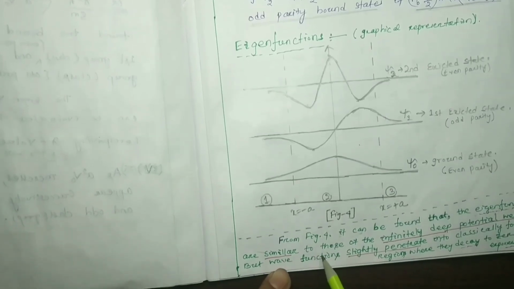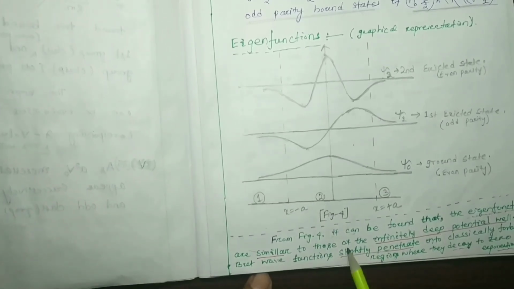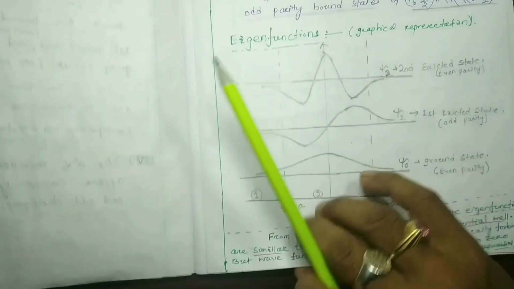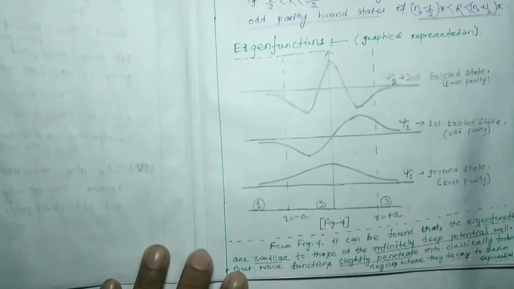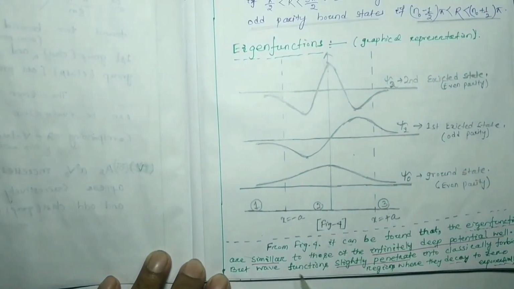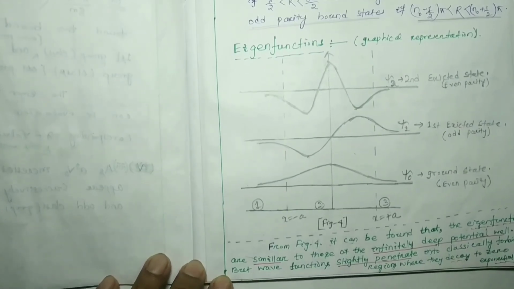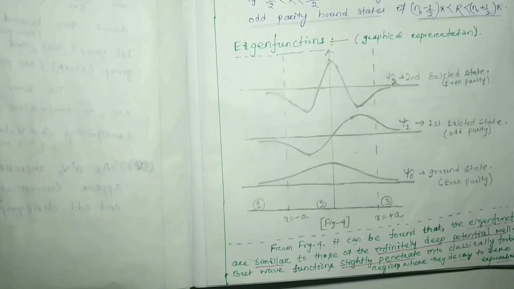So here they are similar to those of the infinite deep potential well, but the wave functions slightly penetrate into the classically forbidden region where they decay to zero exponentially, what we discussed. Okay.